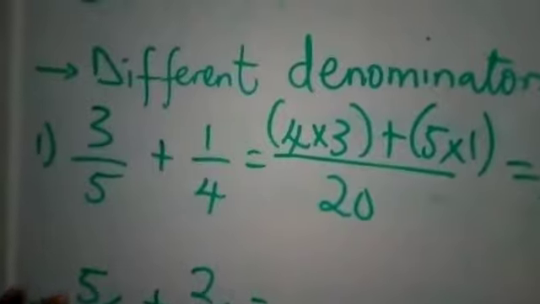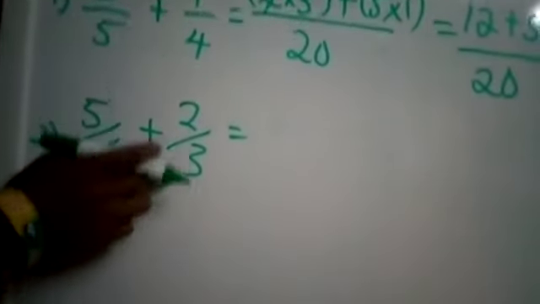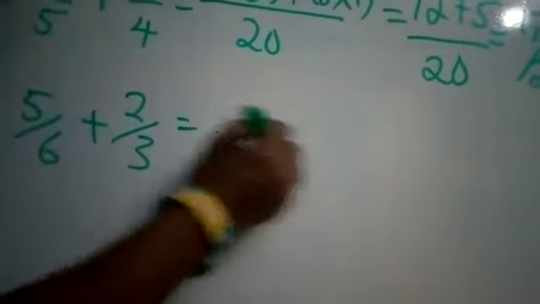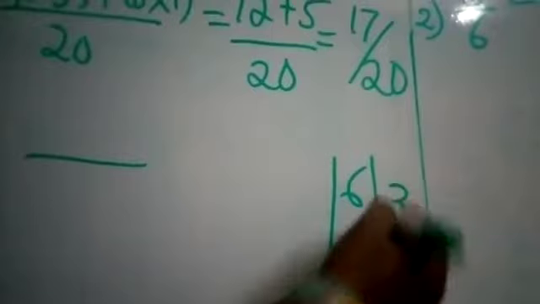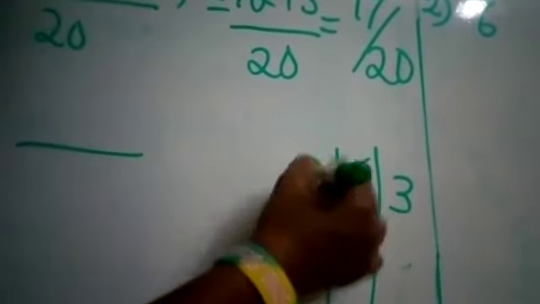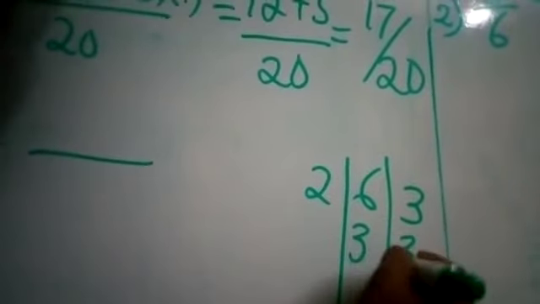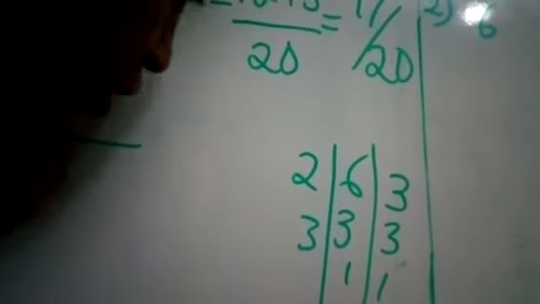We have 5 over 6 plus 2 over 3, different denominators. We go to a secret corner. We have 6 and we have 3. Lowest factor to go in: 2, 3, 3, 3, 1, 1. We have 2 times 3. So the LCD is 6.